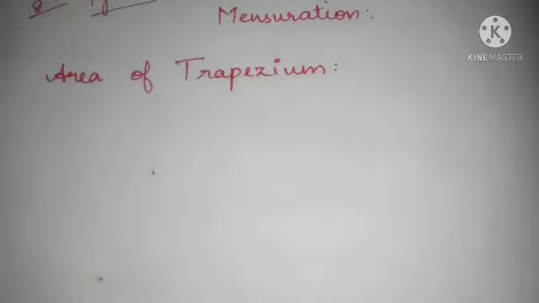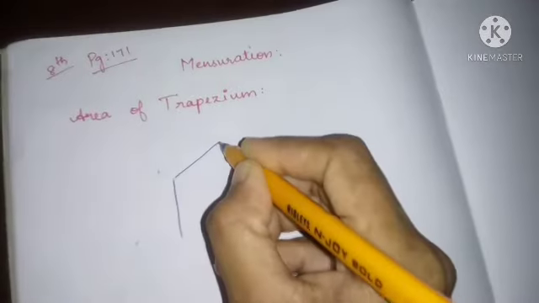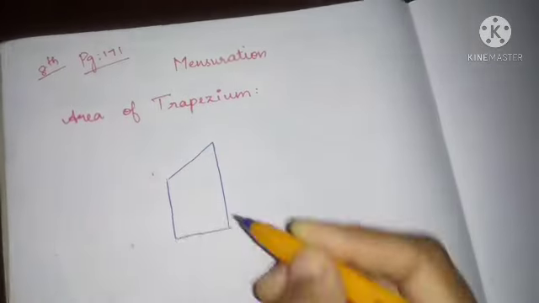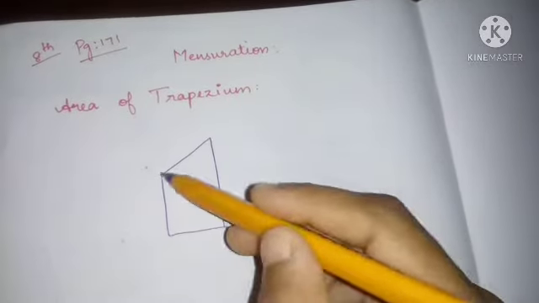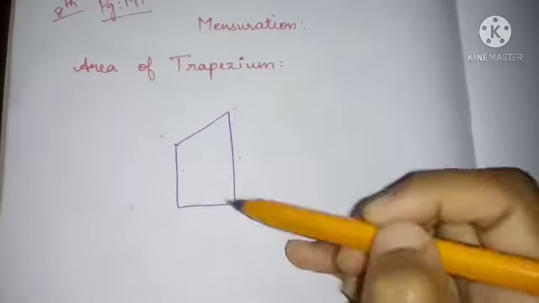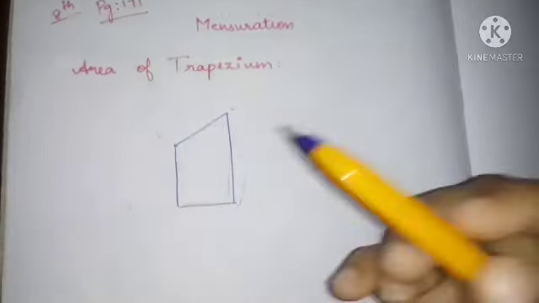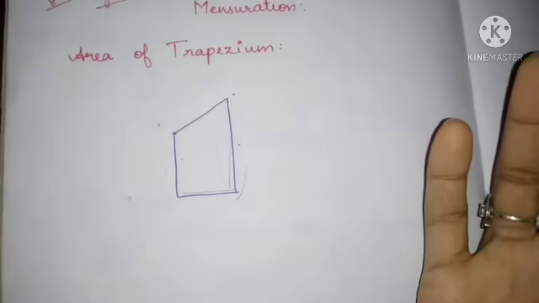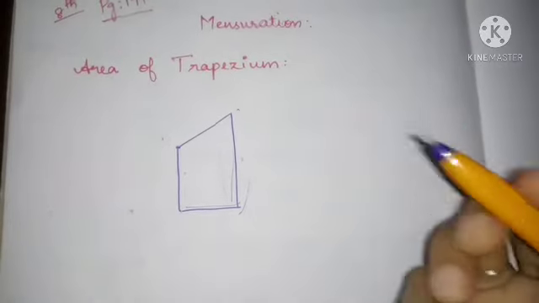It is one four-sided figure. Actually, trapezium is a four-sided figure where one pair of opposite sides is parallel. Okay, so it will be one four-sided figure. Actually, 1 2 3 4, we have four sides here. So one pair of opposite sides will be parallel.